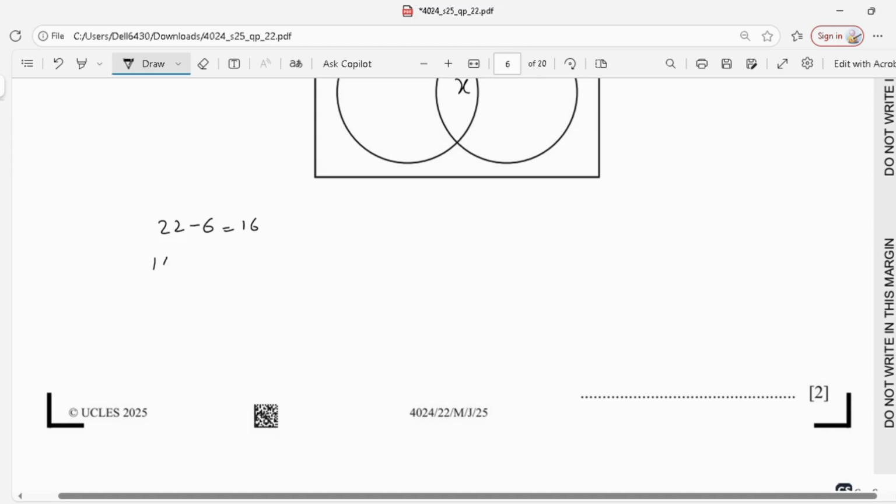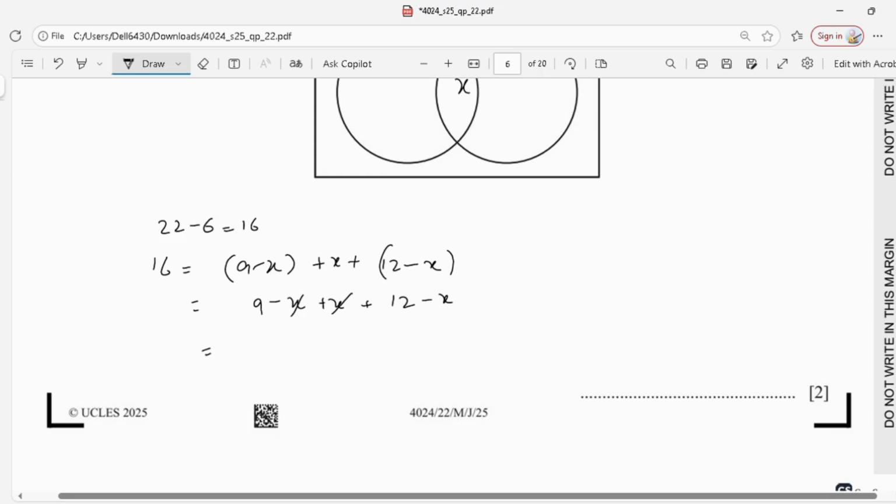Okay, 16 is equal to 9 minus x plus 12 minus x. So we have to find the value of x. This x will be cancelled by this.